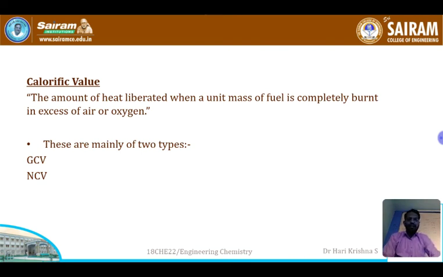They might be carbon dioxide and water. Carbon dioxide will be let off into the atmosphere, whereas water, that is steam, will be cooled to room temperature. When steam is cooled to room temperature, some amount of energy will be liberated. For instance, 1 gram of water vapor when cooled liberates 587 calories of heat. That heat also will be considered.